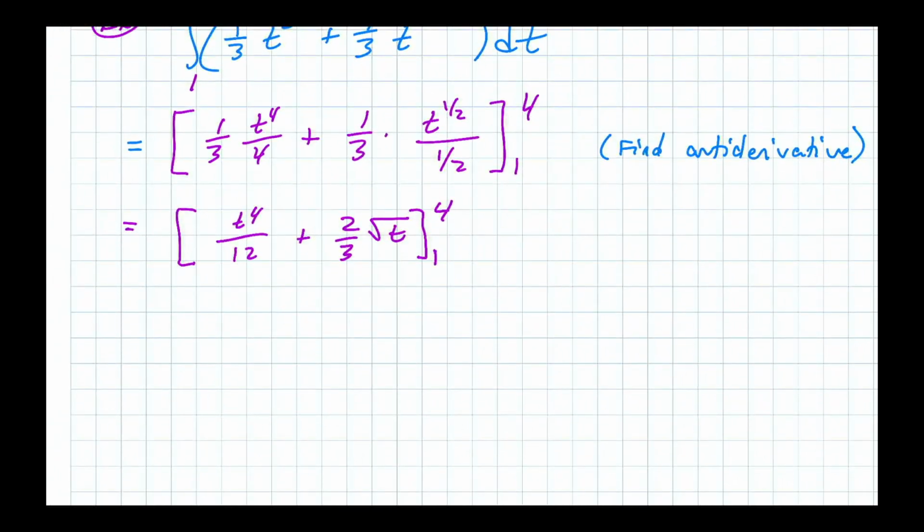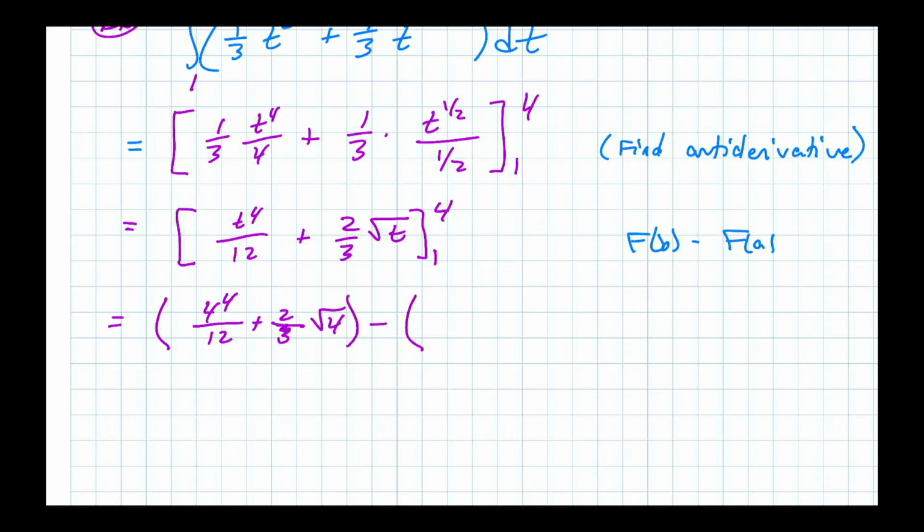After you have your antiderivative, then you just have to remember to do your f of b minus f of a thing. So let's do that now. Parentheses, we're going to put in a 4 for all of the t's. So 4 to the 4 over 12 plus 2/3 square root 4 minus, and then you're going to put in the 1 for the t's.